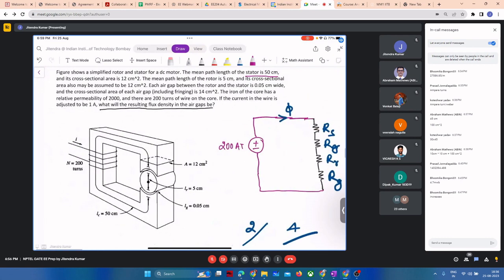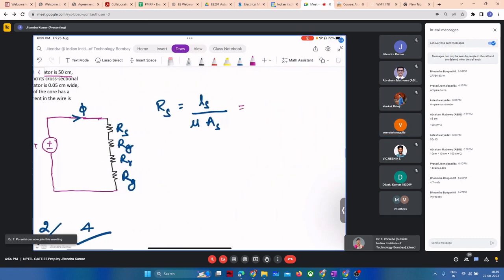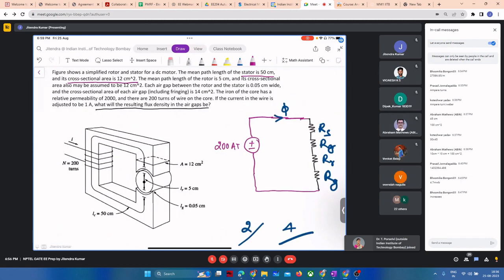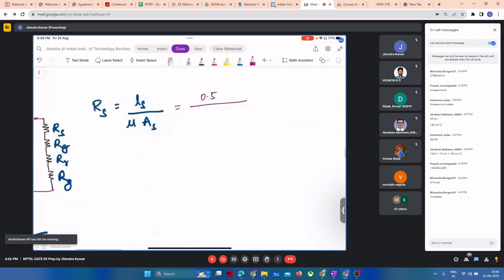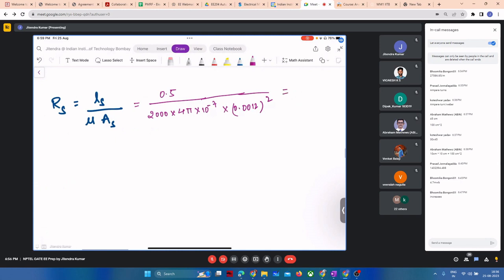And the area of the stator is provided as 12 centimeters square. So it is 50 centimeter divided by, and the relative permeability of the core is 2000, so 2000 into 4 pi into 10 raised to power minus 7 into 0.0012. Whatever this value comes out to be will be the stator reluctance.